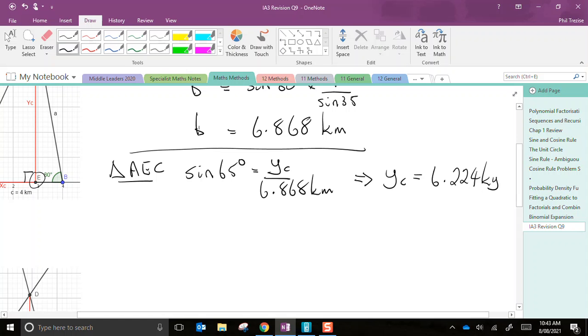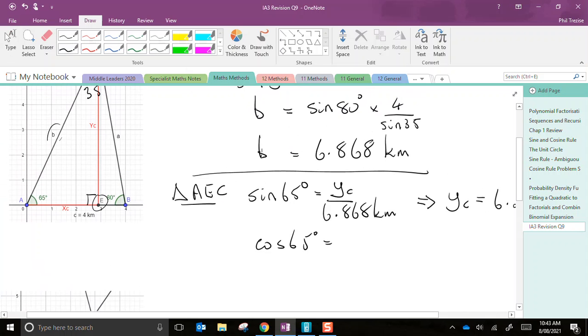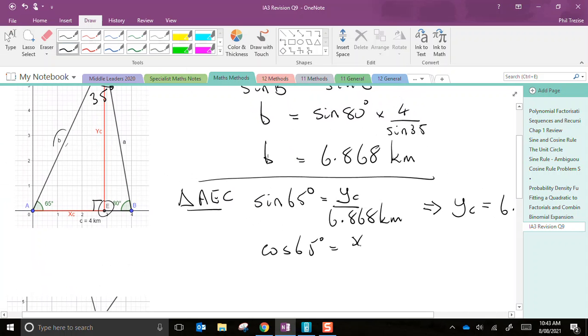What did I write? Y there, kilometres. Now the cosine of that 65-degree angle would be the x-coordinate divided by the hypotenuse, 6.868 kilometres.